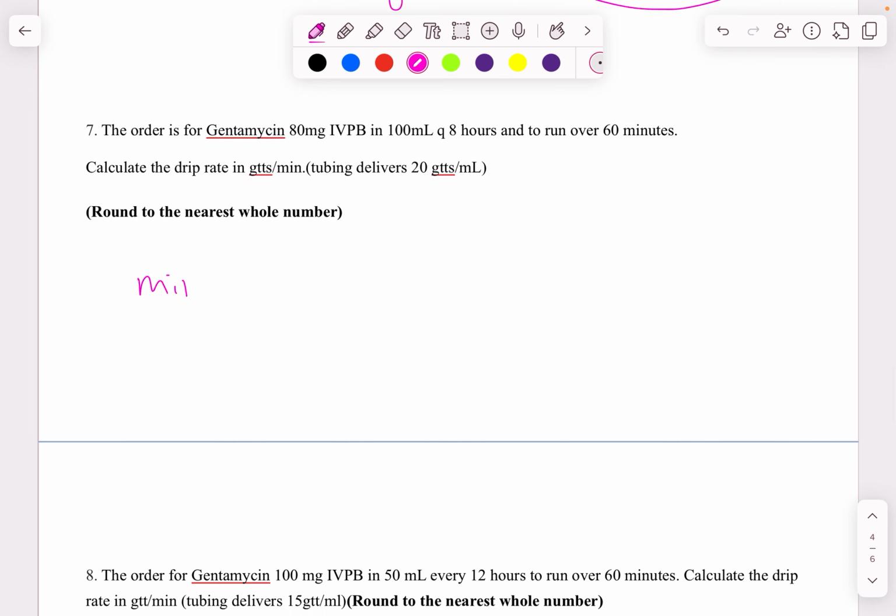So we're going to put minutes here. That's our order, essentially. Okay, so that we know we have 60 minutes. We want to run 50 mLs over those 60 minutes. And then we know we have mLs to match our mLs here.